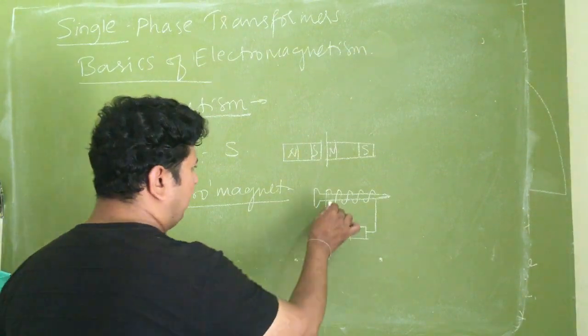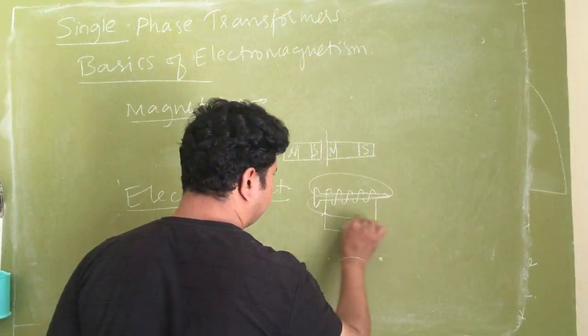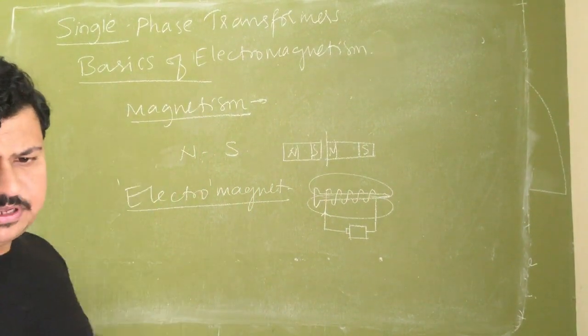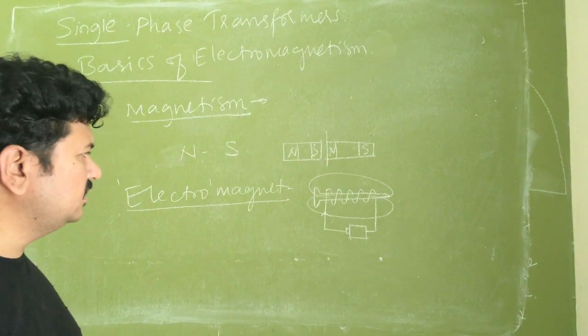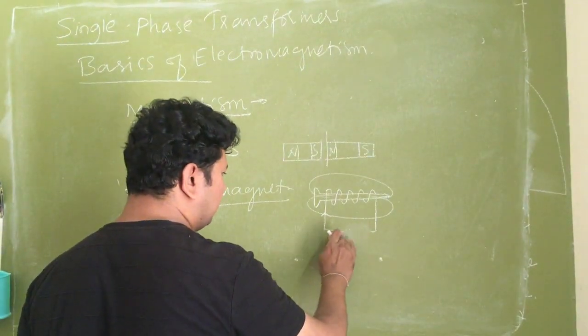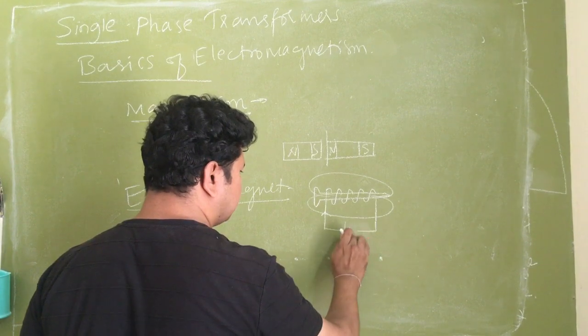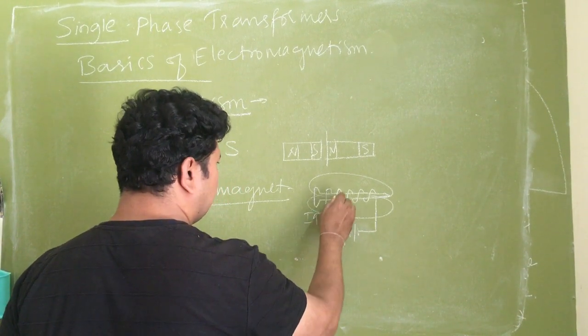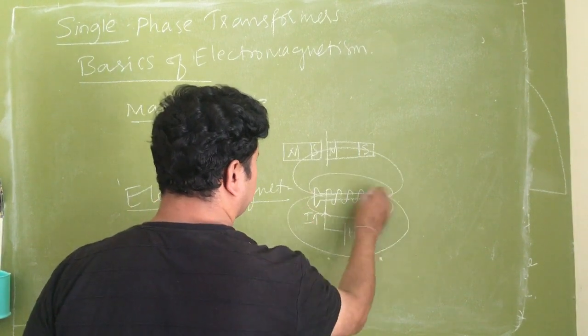Now suppose this is the magnetic field surrounding it. If I want to increase the area of the magnetic field, then instead of a small battery, I connect a larger voltage source. Then the current will increase, and my magnetic field area will increase.